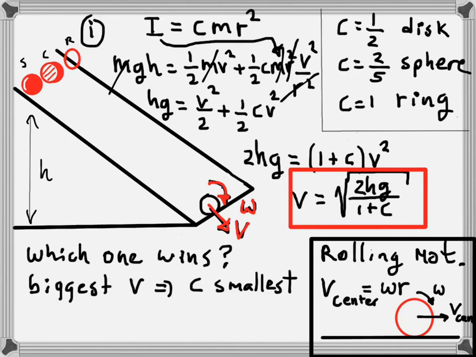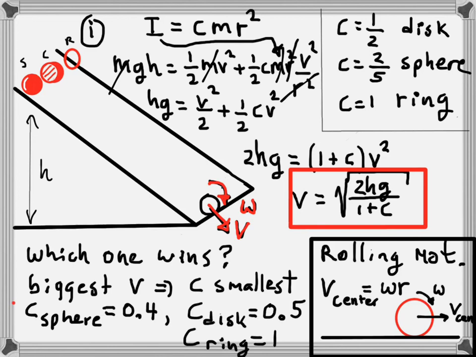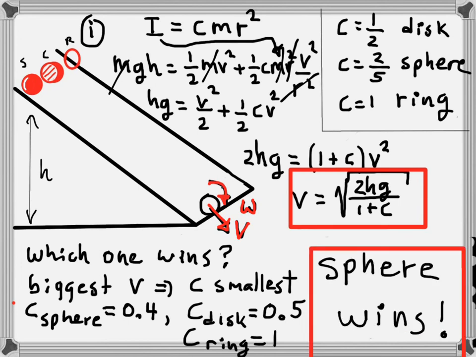Clearly, from that equation, the fact that the c value is in the denominator tells us that the biggest velocity is going to be for the object with the smallest c. So comparing the c values, for a sphere the c value is 2/5 or 0.4, for a disk the value is 0.5, and for a ring it is 1. So we arrive at the conclusion that in this race the sphere will win.